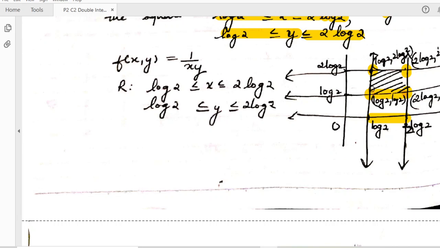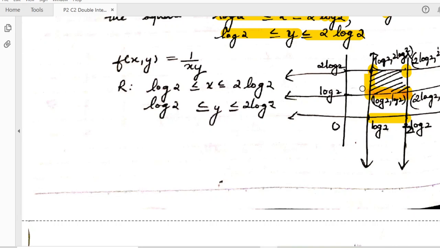Now what about this distance? We can see that this point is 2 log 2 and this point is log 2. So this distance will be the difference between these 2 points, that is 2 log 2 minus log 2. So this difference is again log 2. So we get length is log 2, breadth is log 2. So basically this is a square.